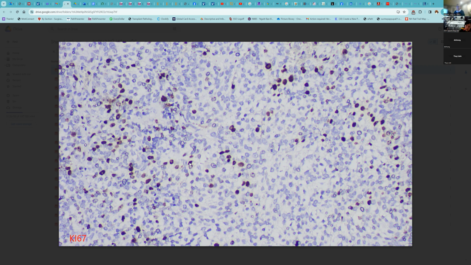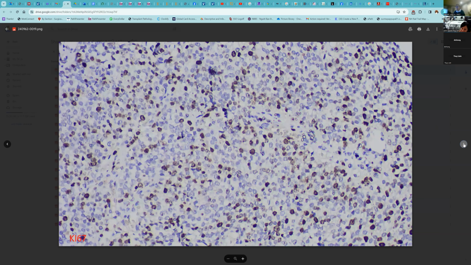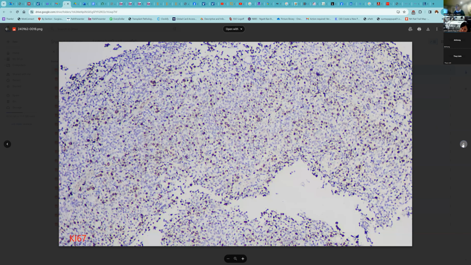And sinonasal undifferentiated carcinoma would usually be much higher, probably 70 or more percent positive with Ki-67. So this could be a conventional non-keratinizing squamous carcinoma, or one of those INI-deficient ones. So this is kind of borderline to higher grade.